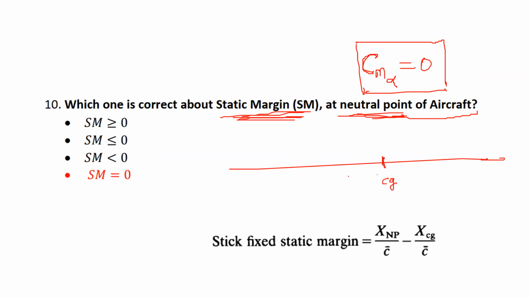And somewhere here, let's say, is the neutral point. Now, when aircraft flies, the weight of the aircraft changes. So the location of CG changes. And static margin is defined as the difference between the neutral point and the location of CG.